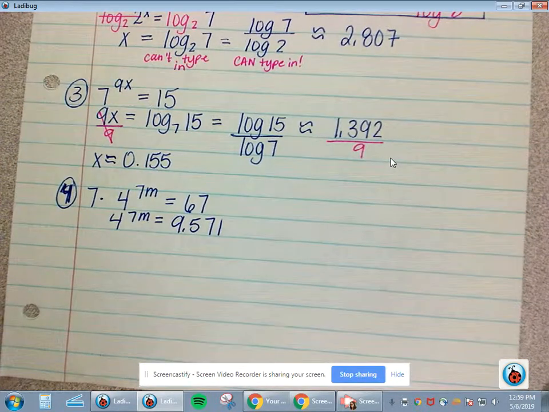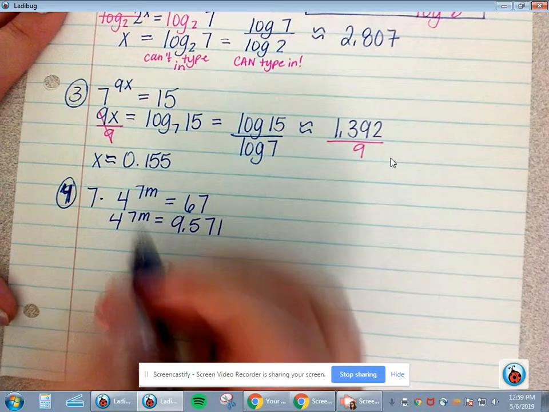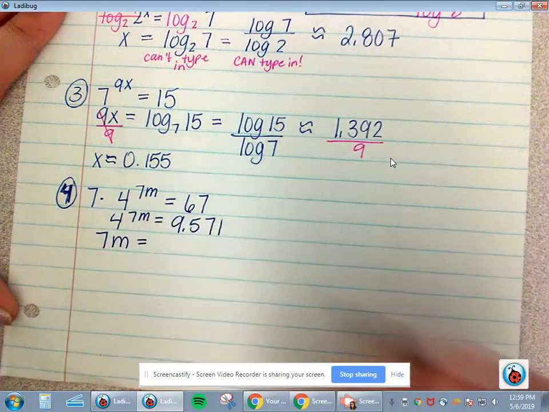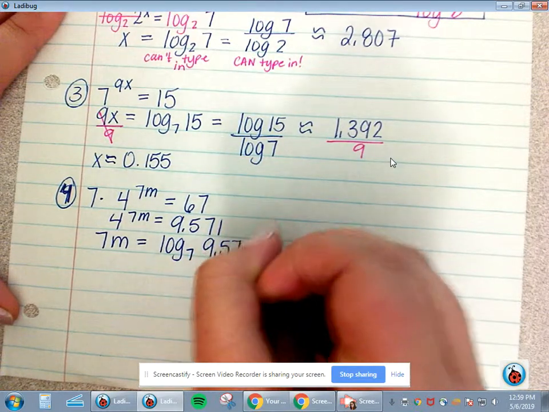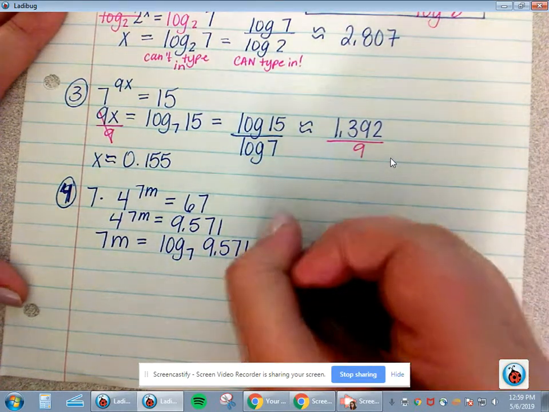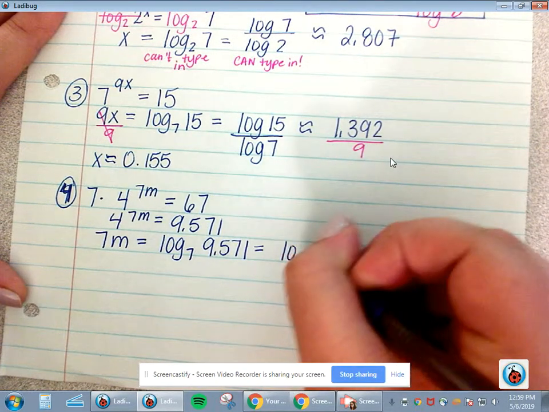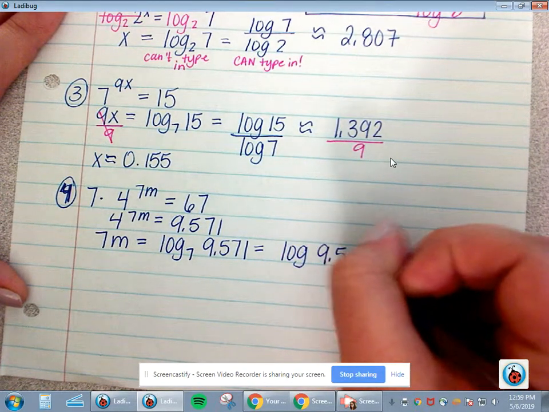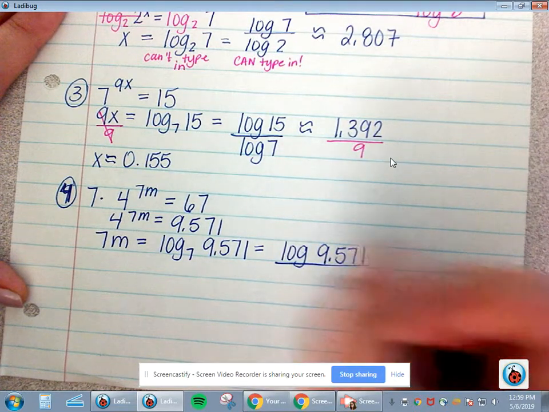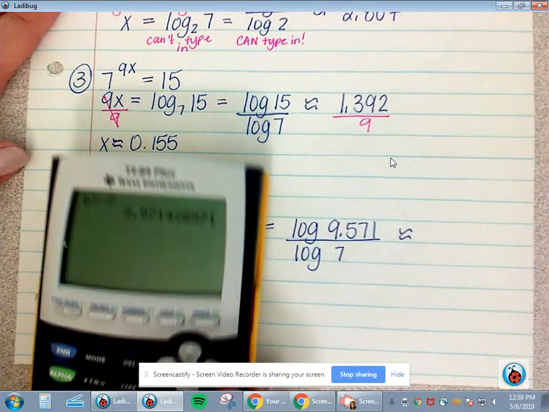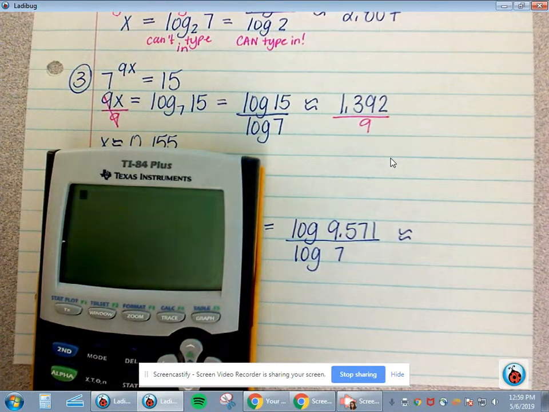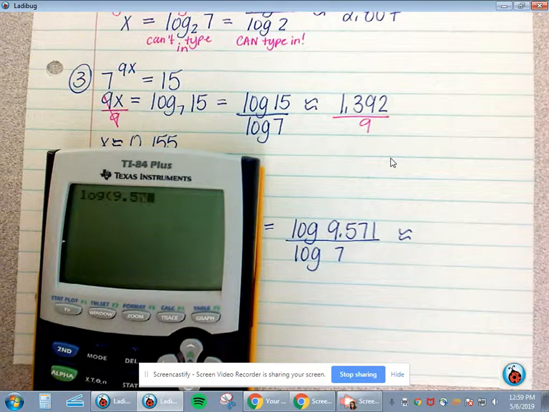And now I can do my log base 4 on both sides. When I do it to the left, the 4 will go away, and I'll be left with just 7m. Over here, I'll have log base 4 of 9.571. So I'm going to rewrite that as change of base. Common log of 9.571 over common log 4, which is approximately, let's see, common log 9.571 divided by common log 4 is about 1.161.